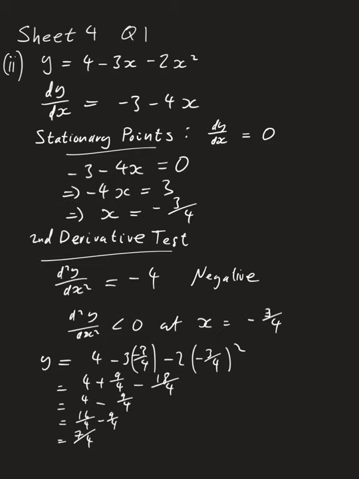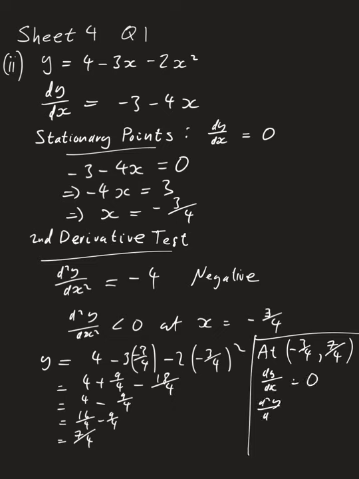So at the point minus 3 over 4, 7 over 4, that's the xy coordinates, we have dy/dx is equal to 0, and the second derivative, d2y/dx squared, is less than 0, or negative. So that means that at that point, we have a local maximum.